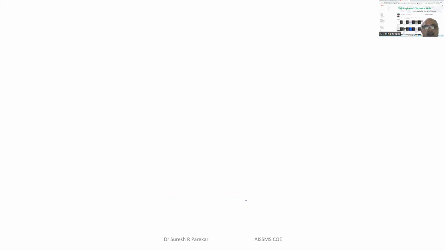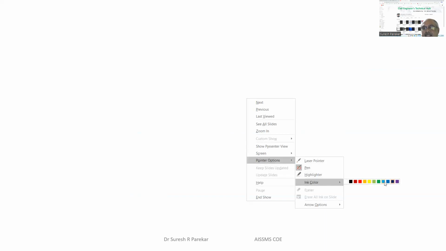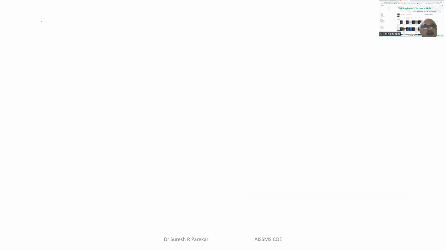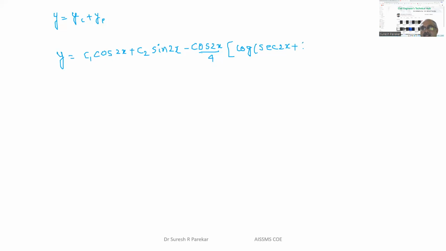And then we can write the solution of y as yc plus yp. Therefore y is equal to c1 cos 2x plus c2 sin 2x minus cos 2x upon 4 in brackets log of sec 2x plus tan 2x.